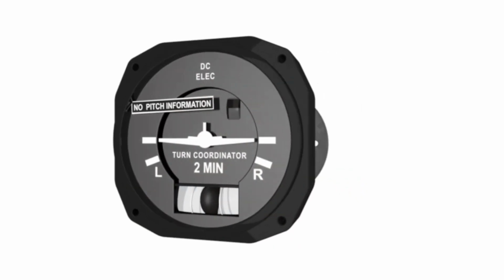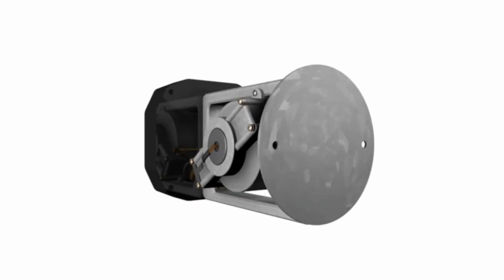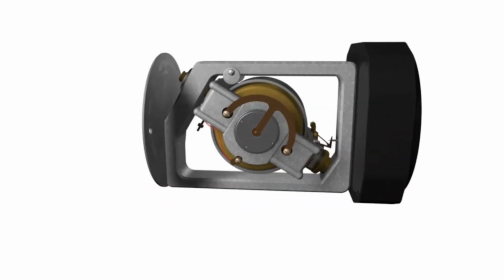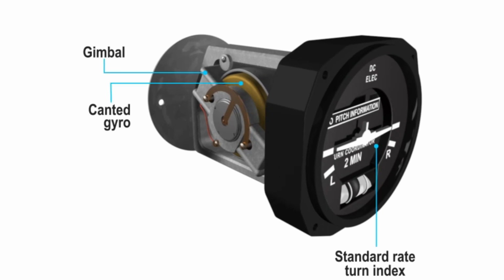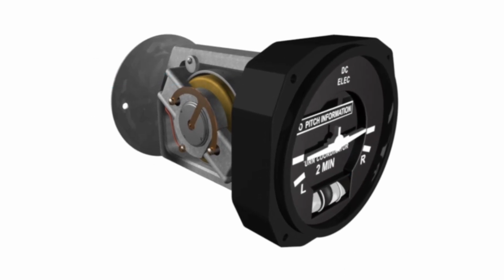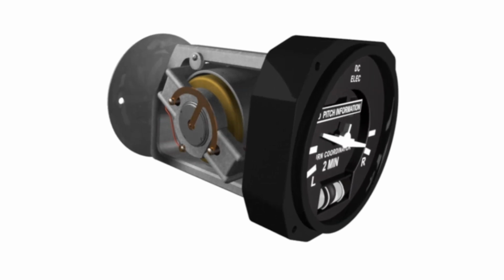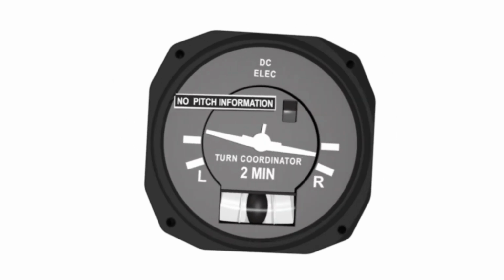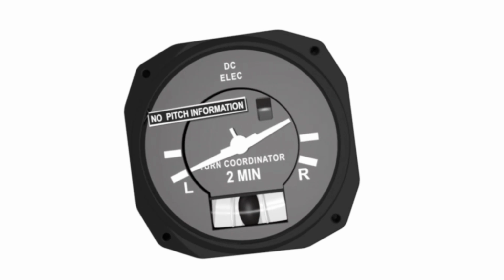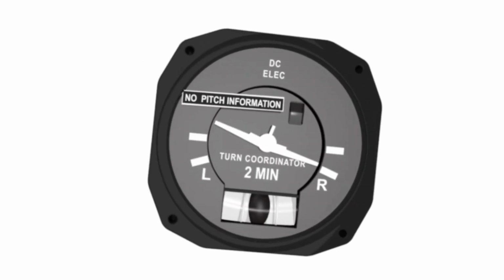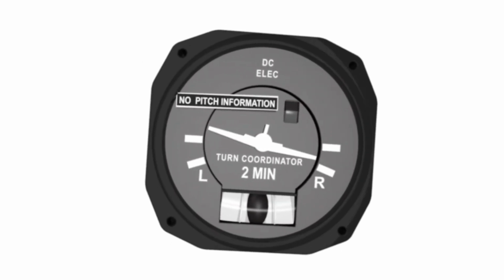This is done by angling the gimbal up at 30 degrees to make the instrument sensitive to the precession forces associated with both bank and yaw. The cockpit display consists of a small aeroplane symbol which shows the direction of the bank and the rate of turn, but not the bank angle, or indeed any pitch information.